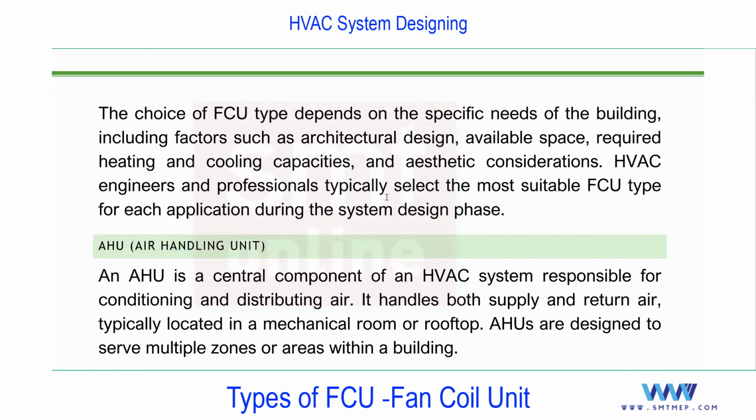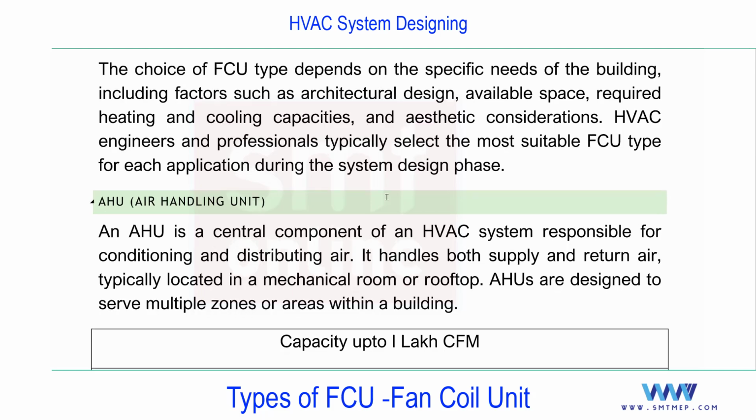In many projects, initially the interior will decide the type of FCU, and they provide the information to you. Based on that, we'll select. And about the system, we'll discuss later how to decide the systems. Even in some projects the system selection is also as per the interior, but we need to approve because we need to check the other parameters. That system selection parameter we'll discuss at the time of machine selection.